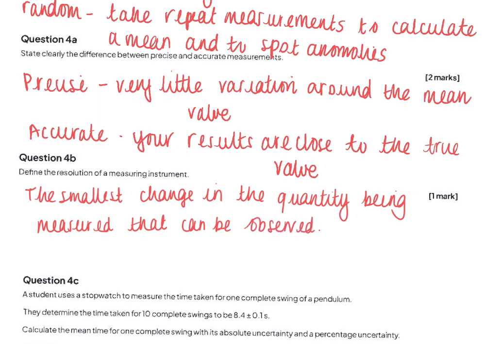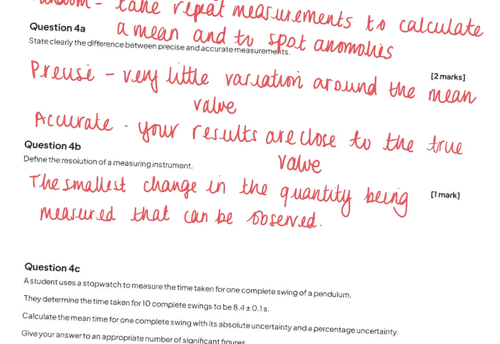Basically, it's just how precise is your measuring equipment. So if your measuring instrument can measure to every single millimetre, its resolution is plus or minus 1 millimetre. That's all that question is asking.